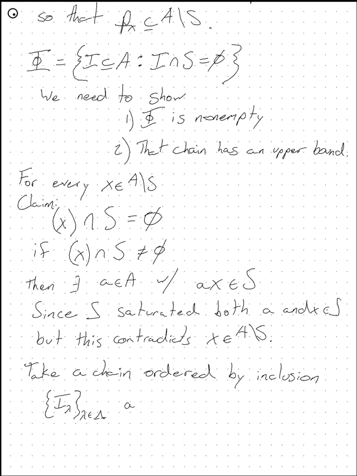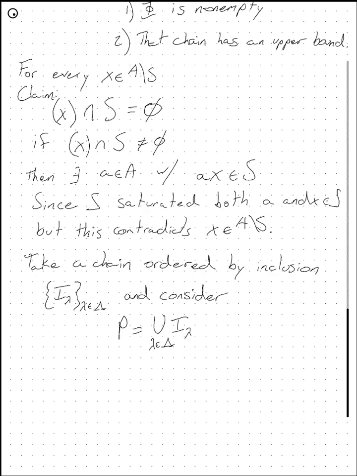And consider, this is typical of a Zorn's lemma argument, the union of all these. Let's call it P, the union over all our lambda of all of these ideals. Okay, well, we need to show that this is, in fact, an ideal. So we need to show that P is contained in capital Phi, and that it's an upper bound.